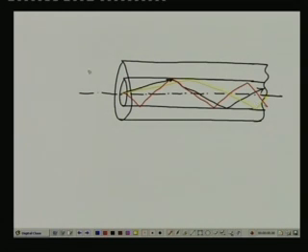Now, the index profile, that means the refractive index profile, will look like this. It will have a step change.